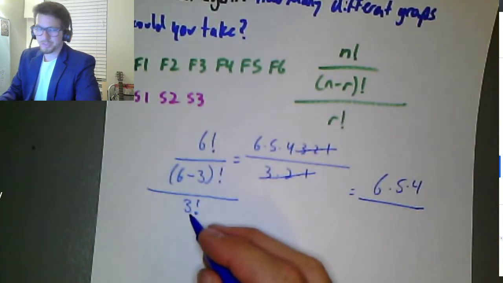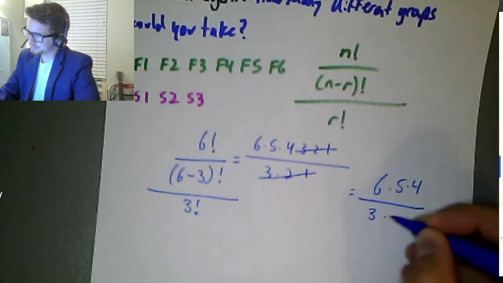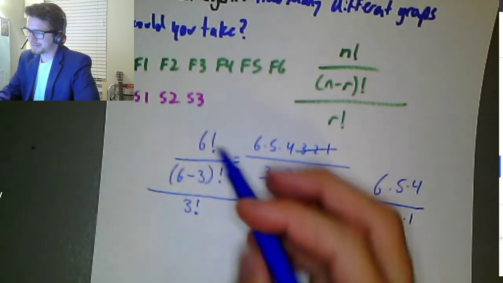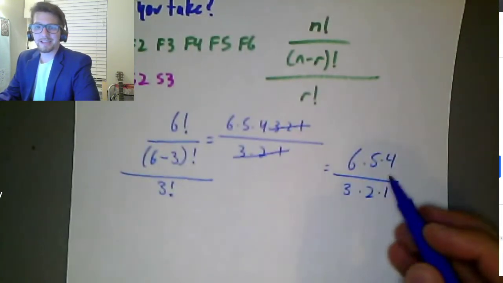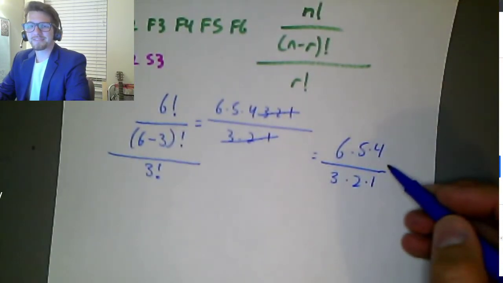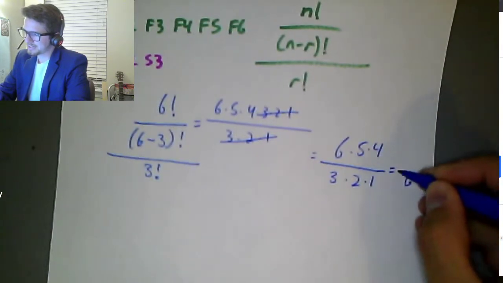Over, what's 3 factorial? That's 3 times 2 times 1. So now that I have my numerator simplified and my denominator simplified, now all I have to do is figure out what the answer is. So 6 times 5 times 4 over 3 times 2 times 1.